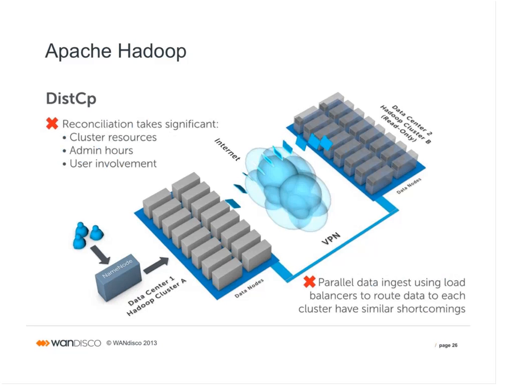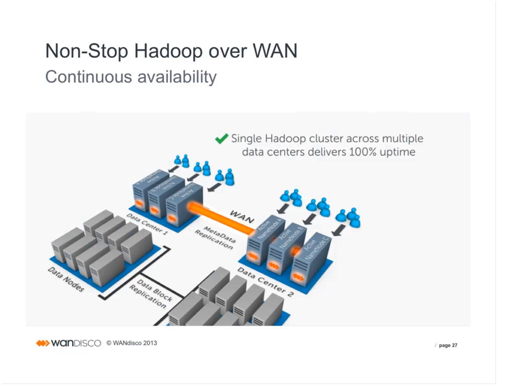Also, there is no possibility of running parallel data ingest or using the backup data center for anything other than read workloads. So Non-Stop Hadoop over the wide area network provides you continuous availability. It's a single Hadoop cluster across multiple data centers. It delivers 100% uptime.